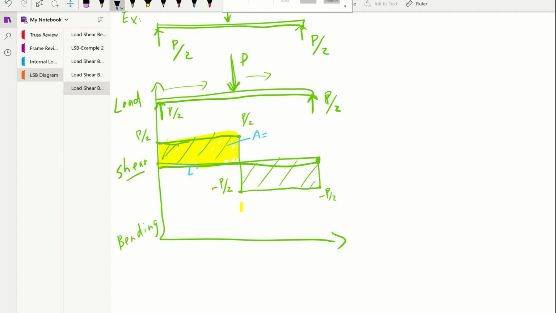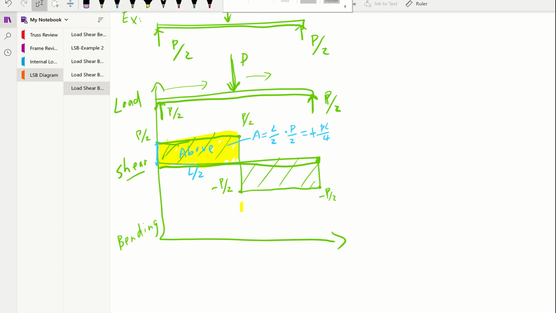The length is L over 2. The height right here is P over 2. So the area will be PL over 4. And this area is indeed above our x-axis, so that means it's a positive value.